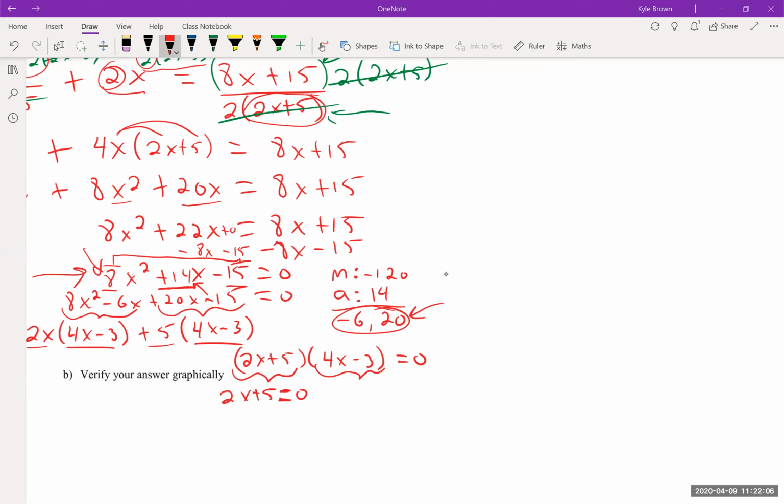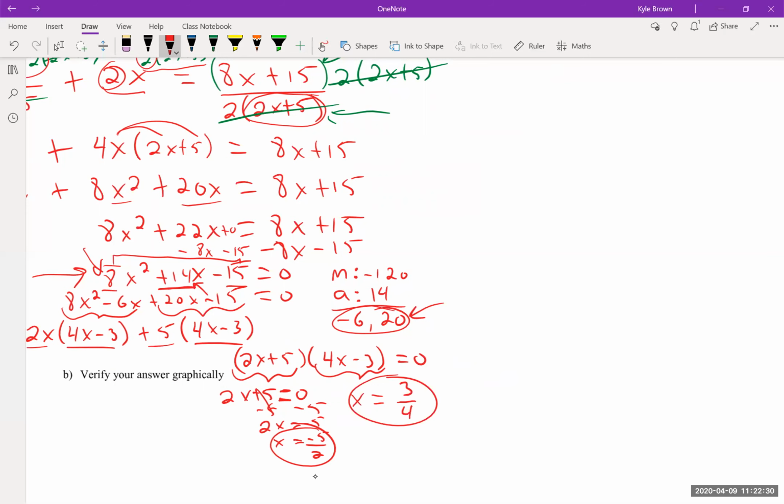I'm going to subtract 5 from both sides, so 2x is equal to negative 5. So then x is equal to negative 5 over 2. There's one of my answers. And I'll do the same for the other one. Maybe you can do this one in your head. You're going to end up getting x is equal to 3 over 4. All right, there's my two answers.